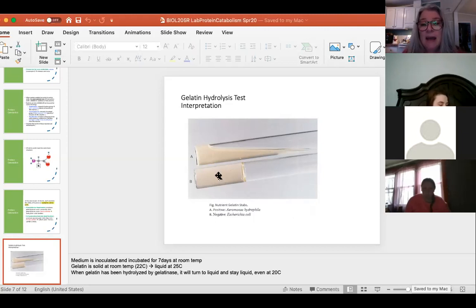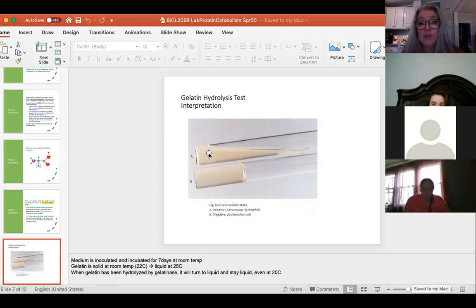So we come back, we look at the tubes, and we look to see if this gelatin has essentially melted at room temperature, which would be weird. And if it's liquid, we know that it has been hydrolyzed, it's been broken down. You can take a tube like this one that's been incubated for a week, and you can even cool it down.